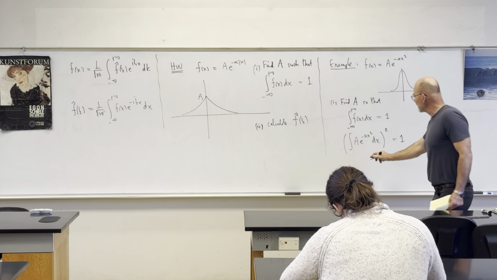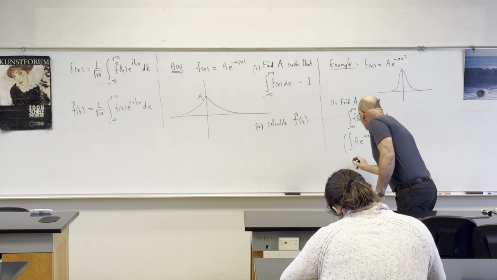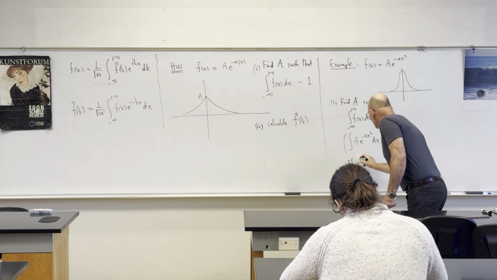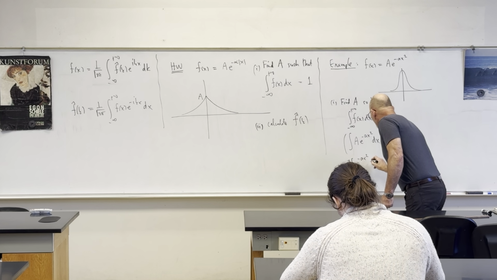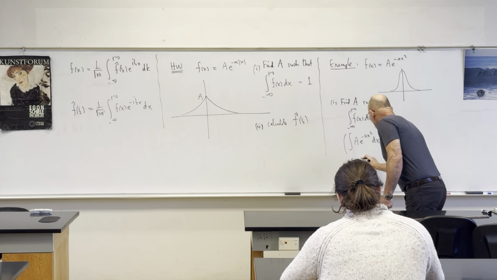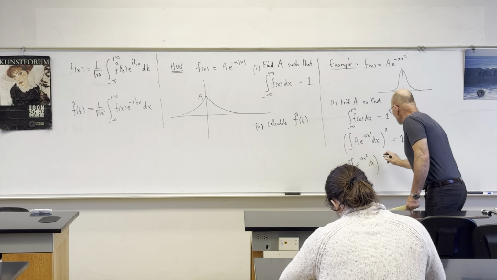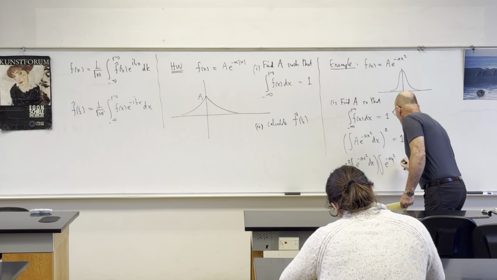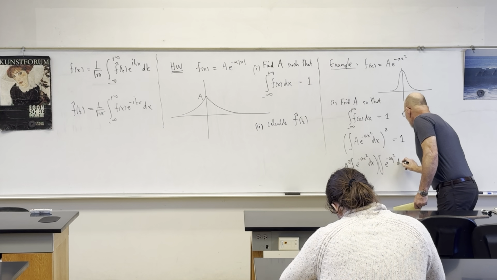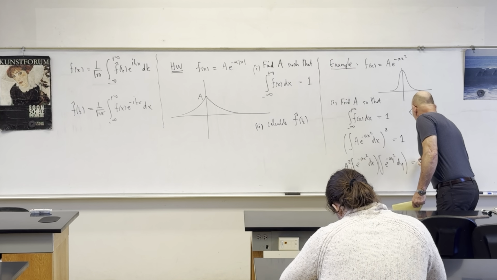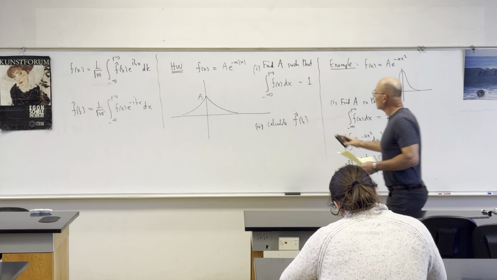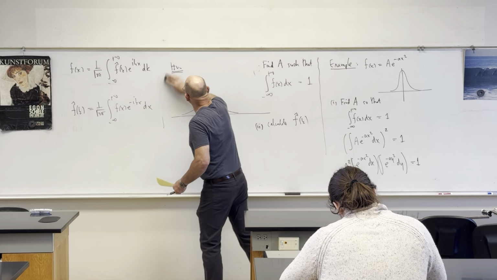If that's the case, we can have A squared times the integral of e to the minus ax squared dx times the integral of e to the minus ay squared dy, equal to 1. We'll go ahead and open this up.